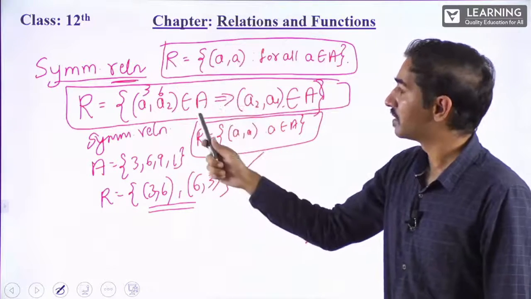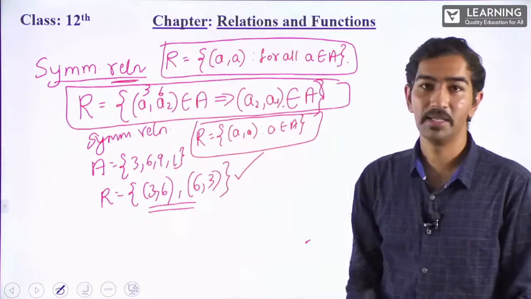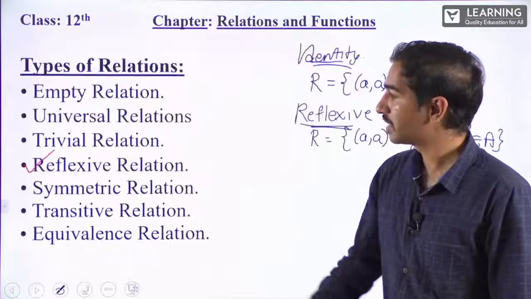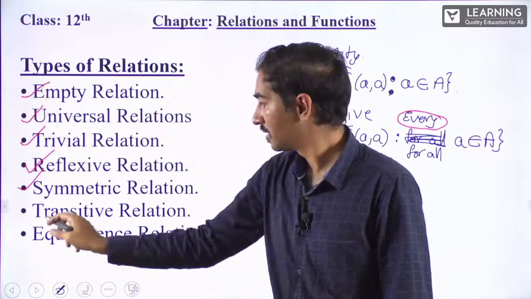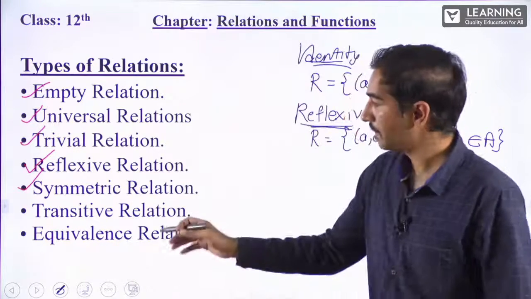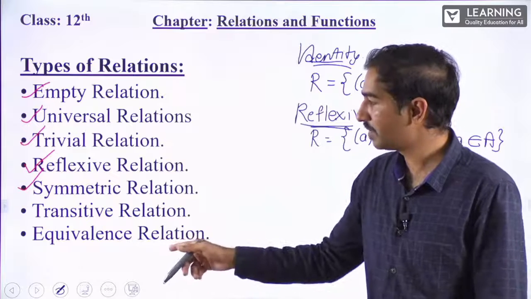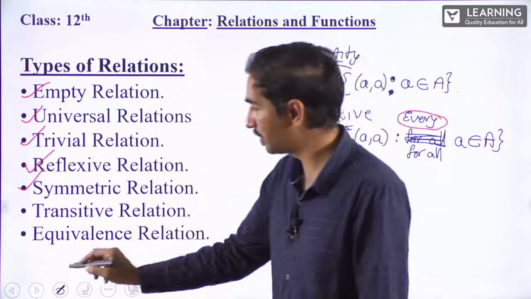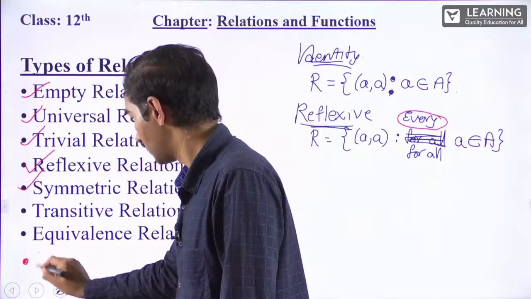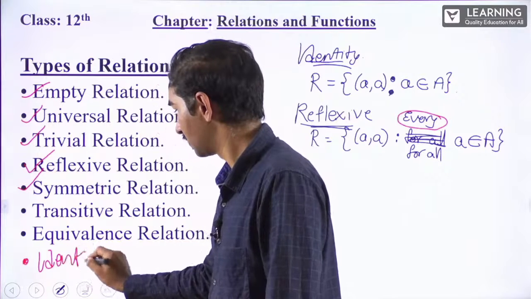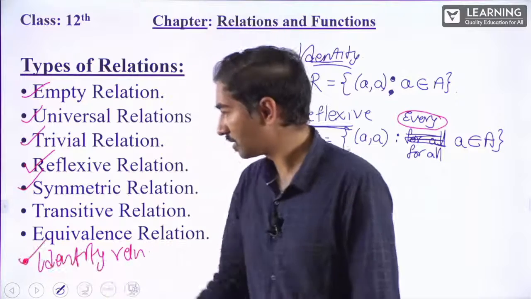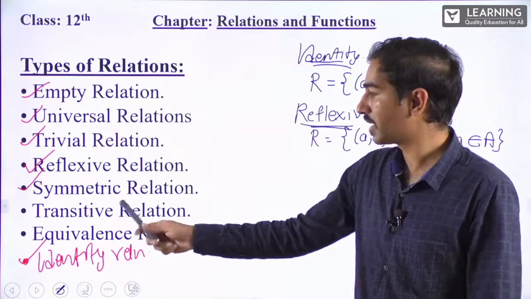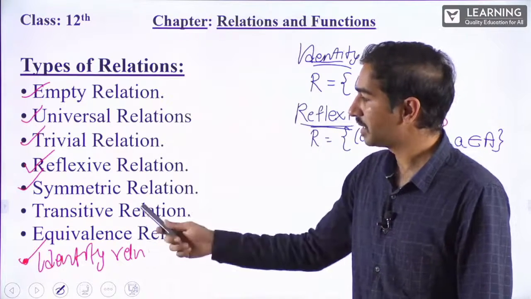Reflexive, symmetric, identity. There is one more relation. In the previous slide, symmetric is also done. Transitive relation, we'll be seeing about this, and what is an equivalence relation. In addition to this, we have also done one more, that is nothing but identity relation. This is also done. So now we have only two more types, transitive and equivalence. We'll be seeing transitive here only, students.